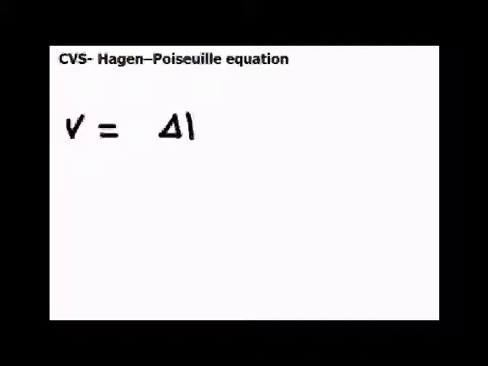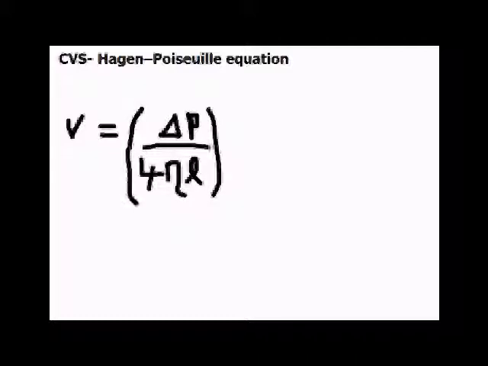So through integration, we end up with V is equal to delta P over 4 dynamic viscosity constant L, and this is a constant here. This will not change because it doesn't have a function of R in it.